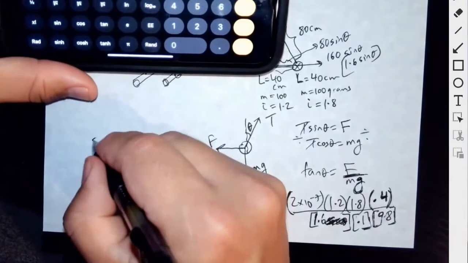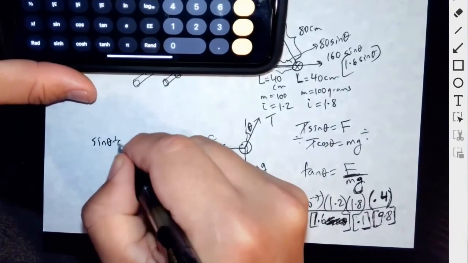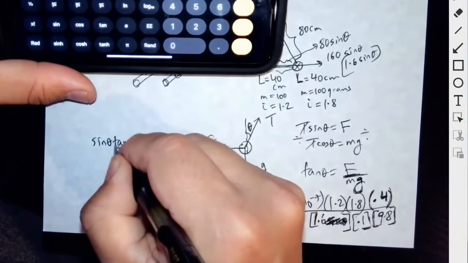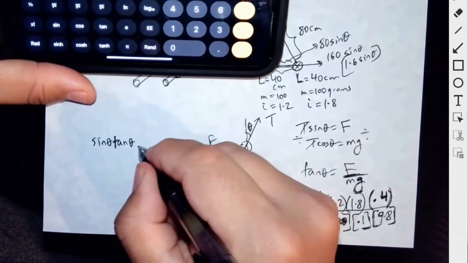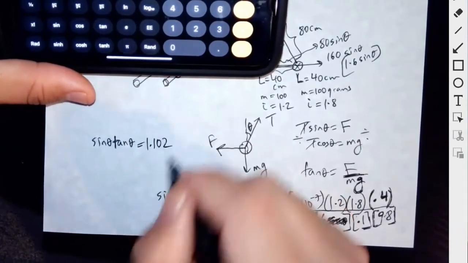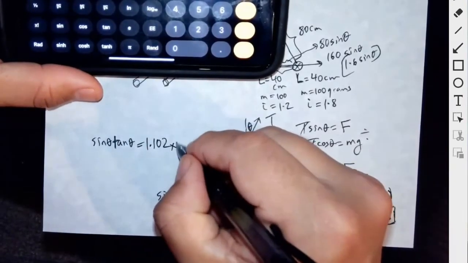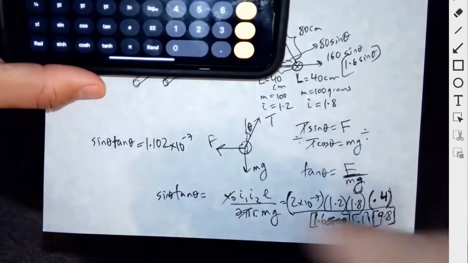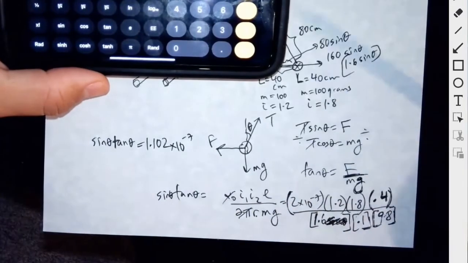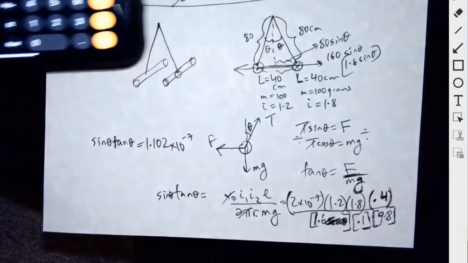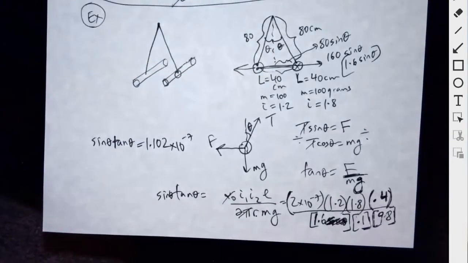So you have sine of theta, tangent of theta is 1.102 times 10 to the minus 7. Oh, it's such a small number. Let's see what that comes out.